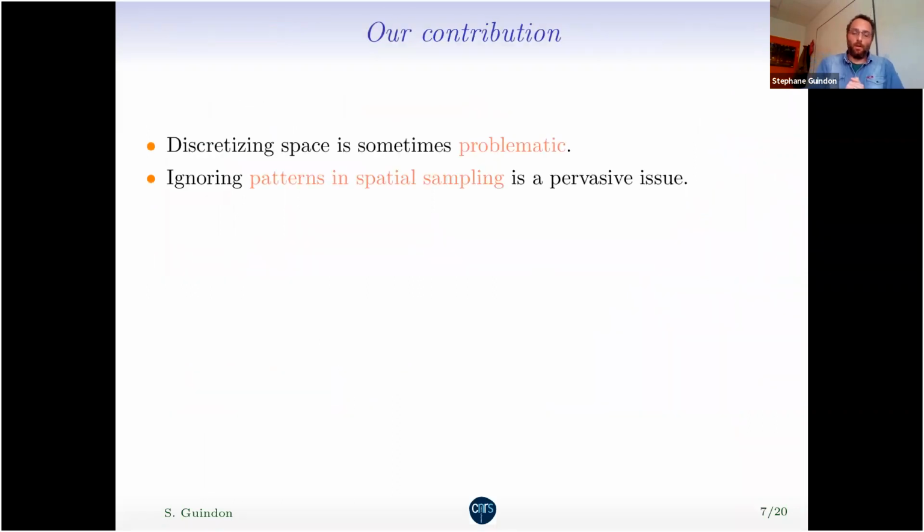All right, so the two main points I wanted to convey here in this overview is that first of all, discretizing space may lead to some issues, but to me the most important one is that the current methods do not deal properly with patterns in the way lineages are sampled in space.